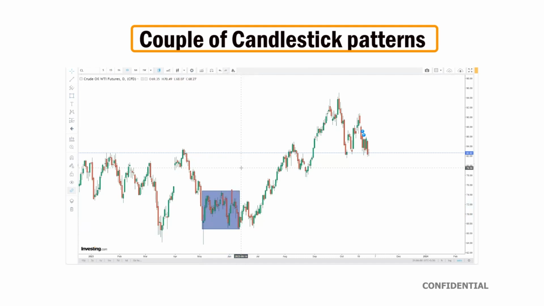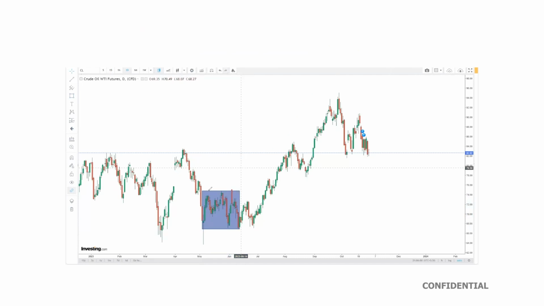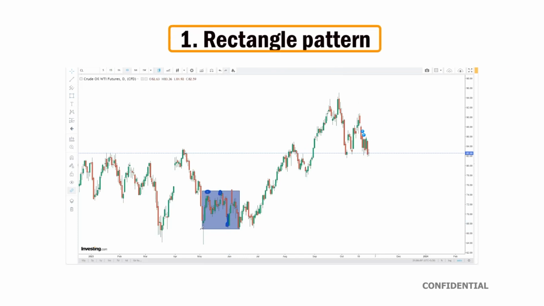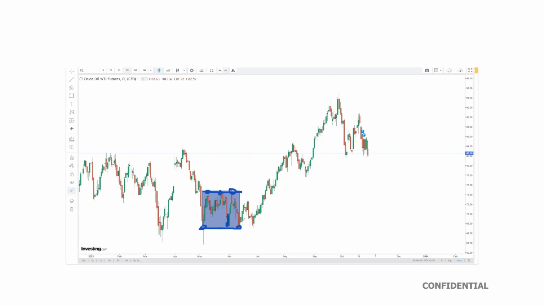First, the first pattern that almost always works is a rectangle pattern. For example, let us have a look at this pattern here. Let me go here, pick up the rectangle. So you see, broadly, the market was stuck in a rectangle pattern here.